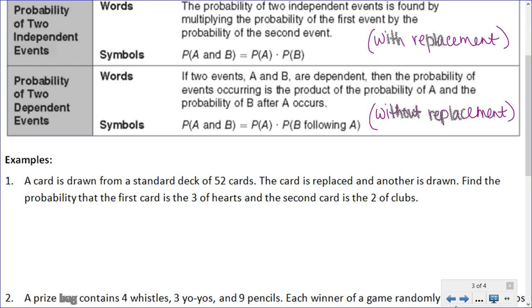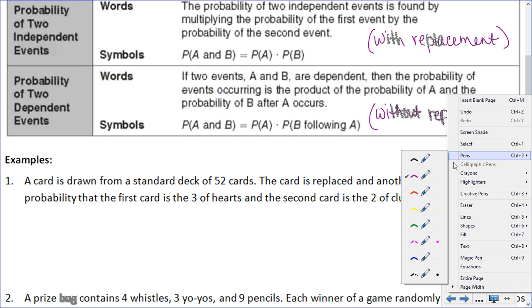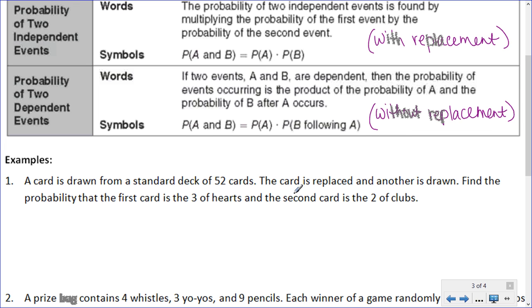Example 1 says a card is drawn from a standard deck of 52 cards. The card is replaced and another is drawn. Find the probability that the first card is the 3 of hearts and the second card is the 2 of clubs. Okay, so this says that the card is replaced, which means that the deck of 52 cards that you start with for the first card that's drawn is the exact same deck of 52 cards that you start with when the second card is drawn.